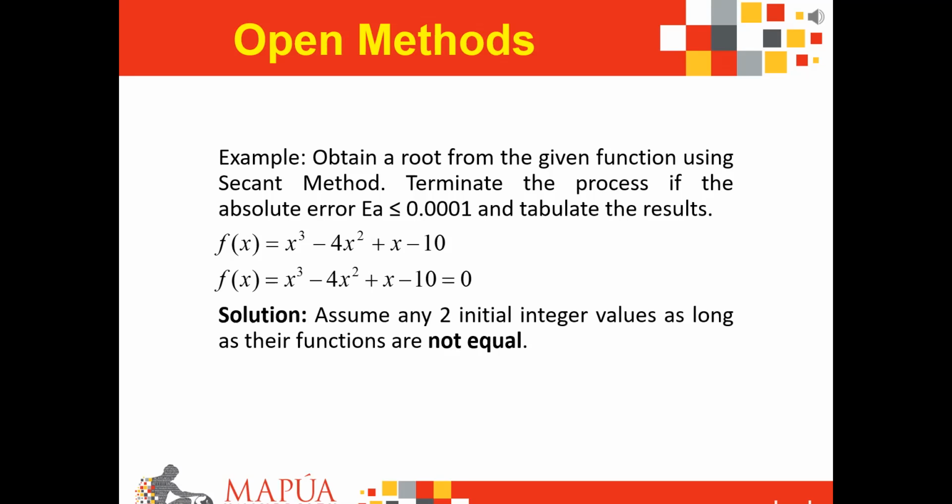Then we start the solution by assuming any two initial integer values as long as their functions are not equal. Hence, you could use this initial value 3 with a function equal to -16 and this initial value 4 with a function equal to -6. Notice that both initial values have different functions.